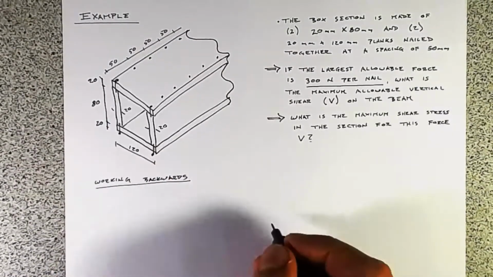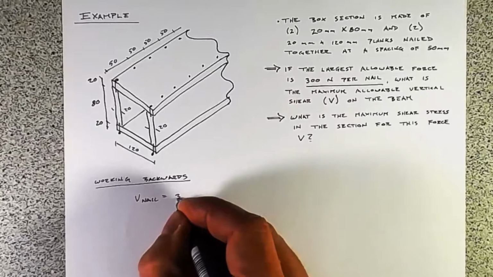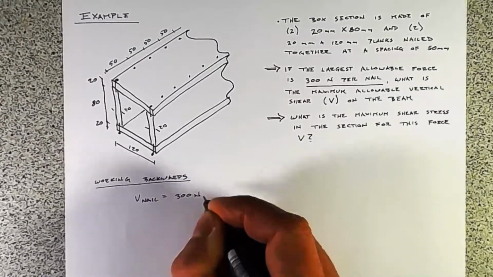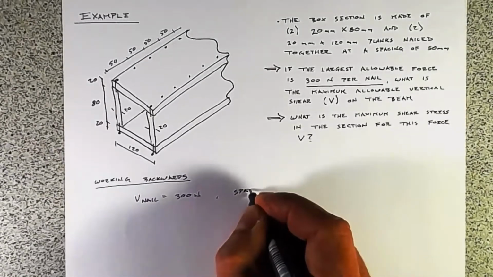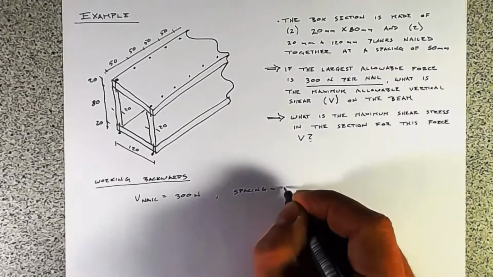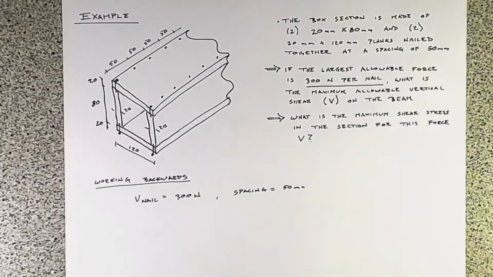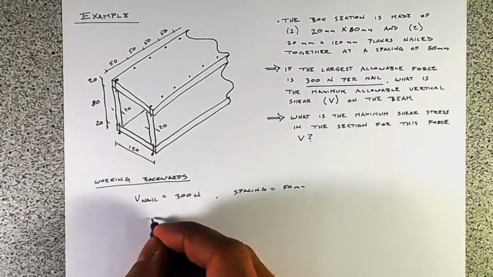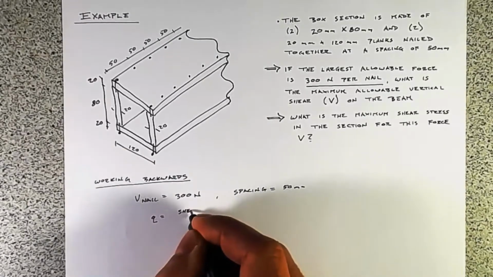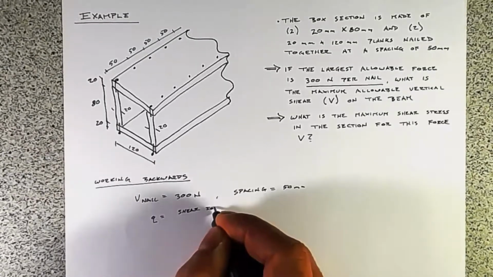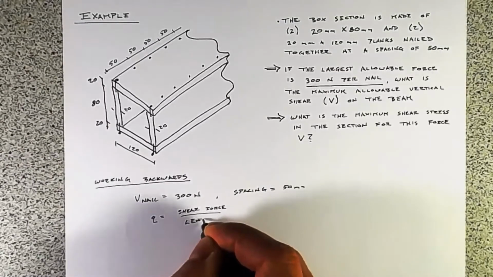We know that V nail equals 300 newtons, and we know that the spacing equals 50 millimeters, so 50 millimeters per nail there. And Q is just our shear force per a given length.